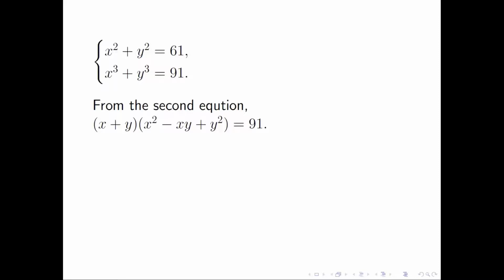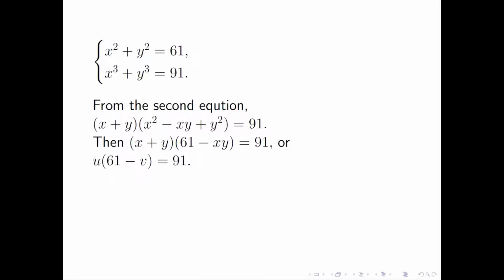In the second parenthesis, we have x squared plus y squared, and we know it equals 61 from the first equation. Then we can replace x squared plus y squared with 61. We have x plus y times 61 minus xy equals 91.